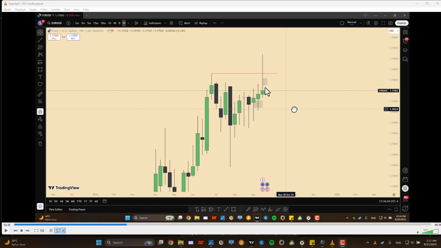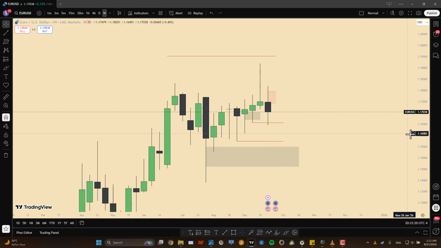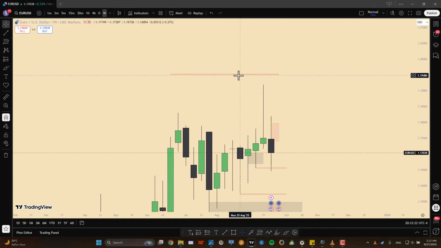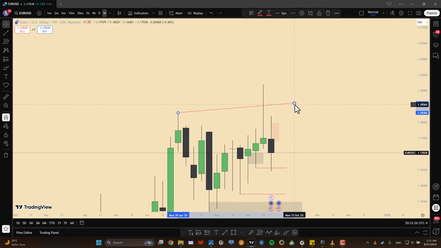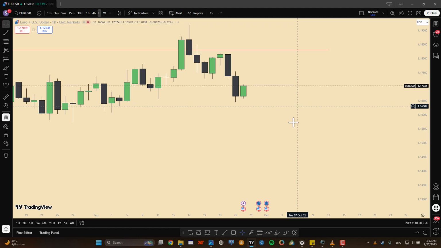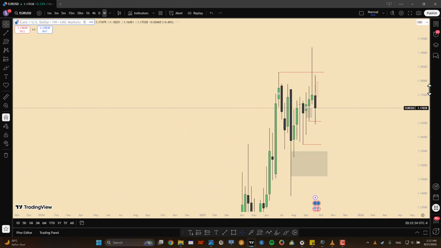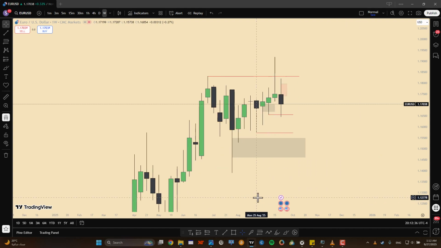So I gave you the bias for that week, that we're likely to see a bearish next candle. And if you go to TradingView, that's exactly what happened. Although the daily looked very bullish, the weekly is not.